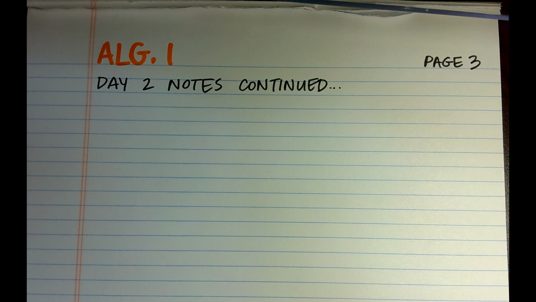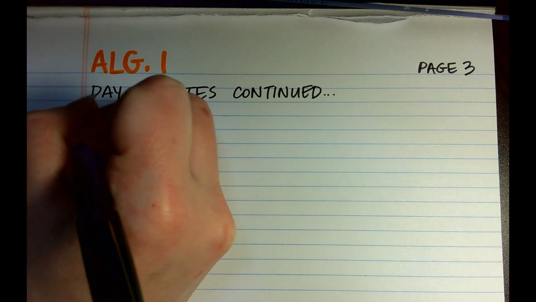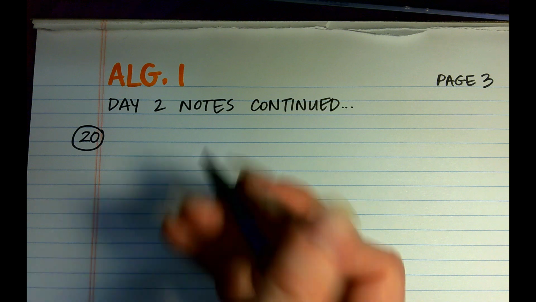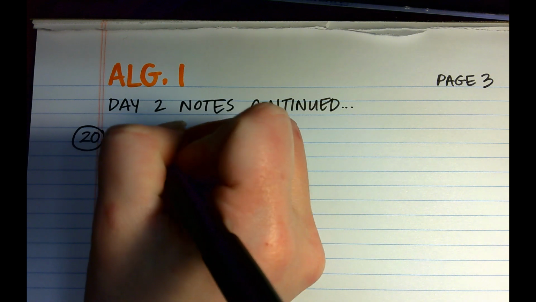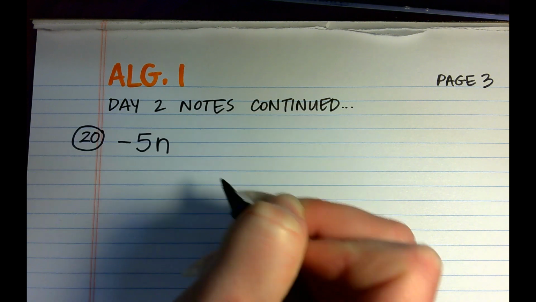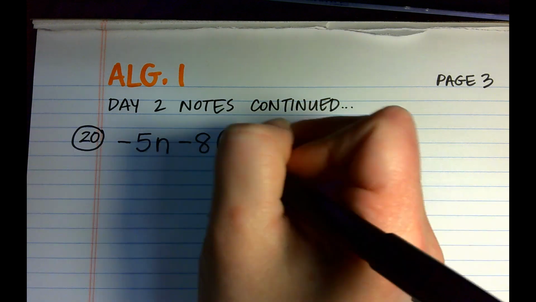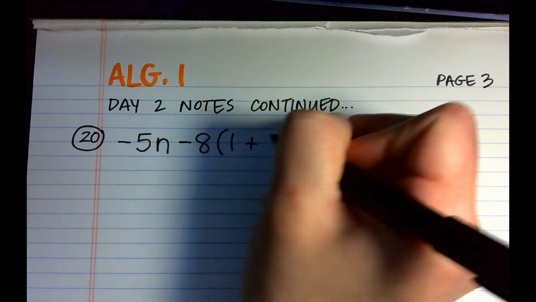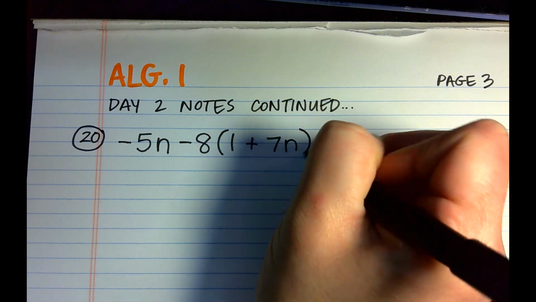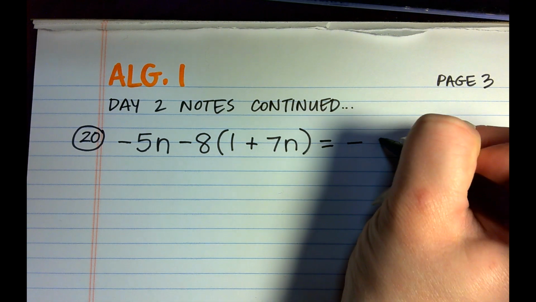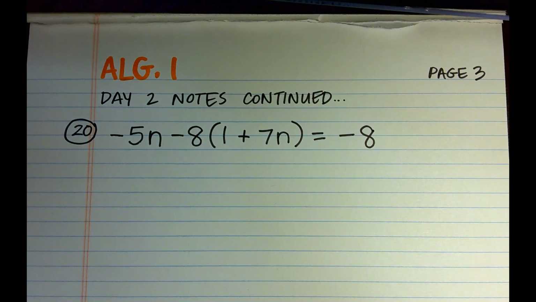This one is a little complicated. So, number 20, we have negative 5n minus 8 times the quantity 1 plus 7n equals negative 8. Okay, this one is interesting.